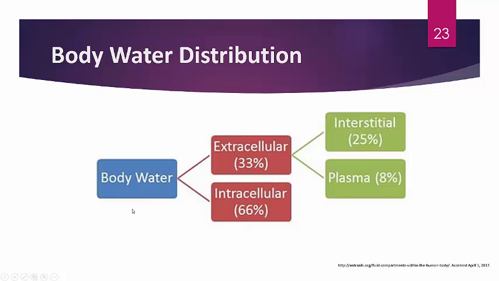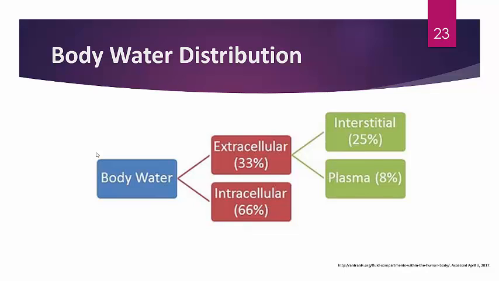The reason why we don't use some of the other fluids like D5W in hypovolemic shock goes back to basic body water distribution. So in our body water compartments, typically 66% of our body water is stored intracellularly, or within the cell, and 33% of it is stored outside of the cell, or extracellularly.